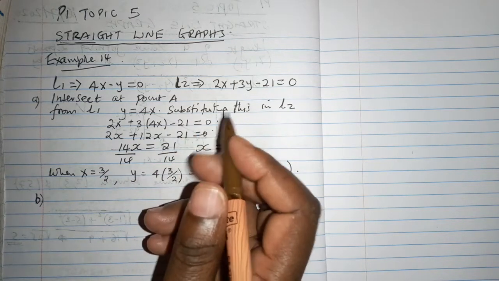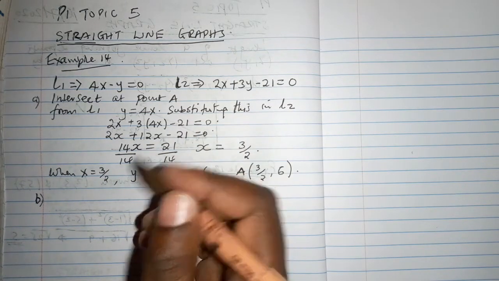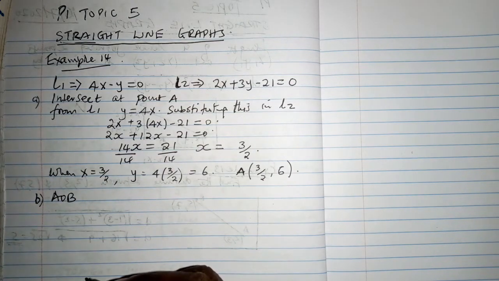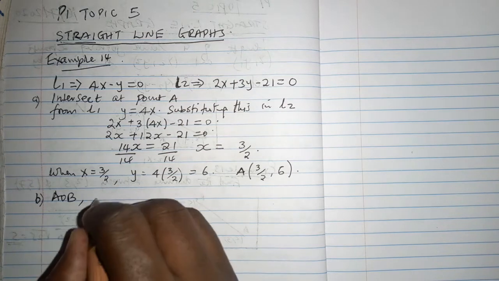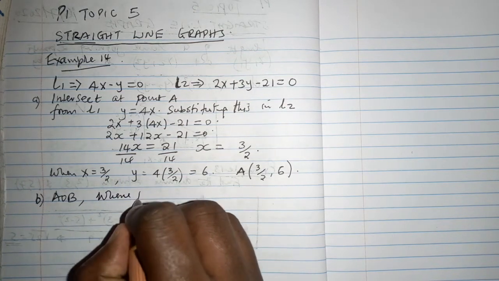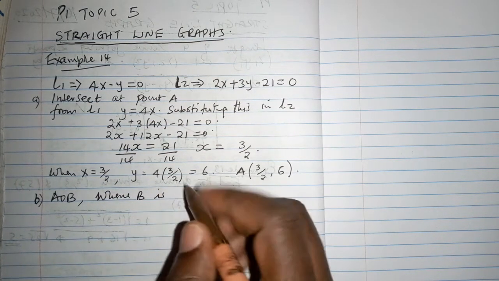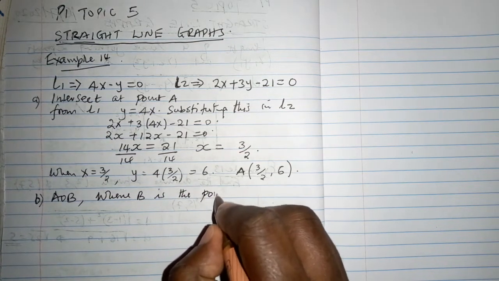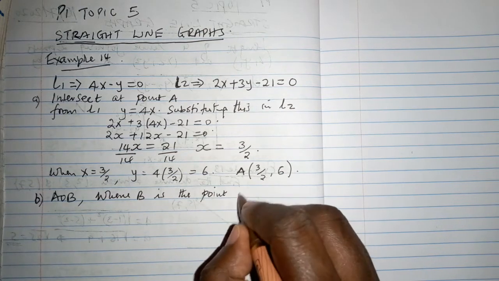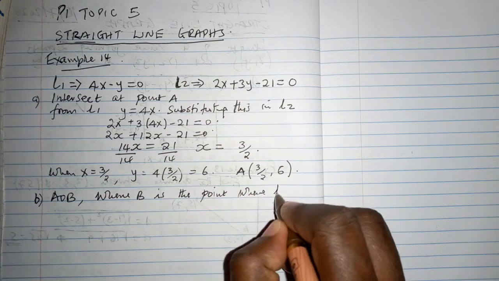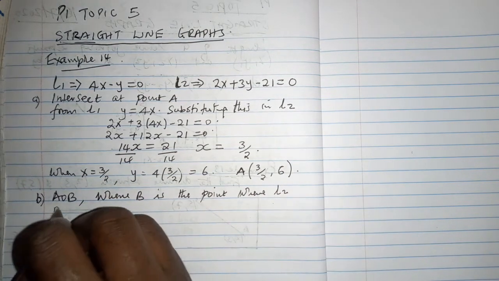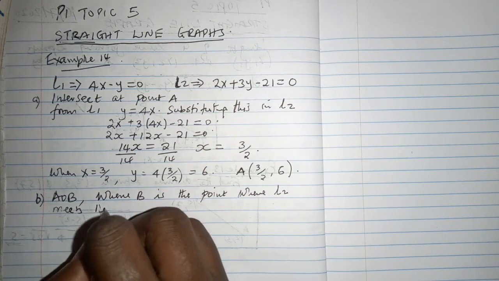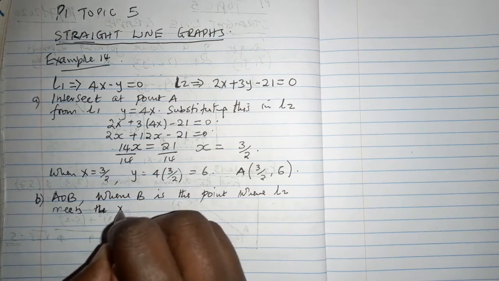In part B, work out the area of the triangle AOB, where B is the point where L2 meets the what?